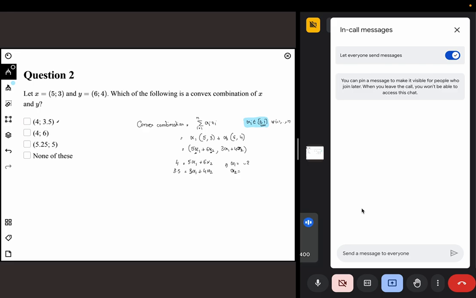I think we also got the same answer when I solved. I'm getting alpha 1 as something like 2.75, which means this cannot satisfy that. You can keep doing this for the other ones as well. Maybe you can solve the last one and tell me if it matches.